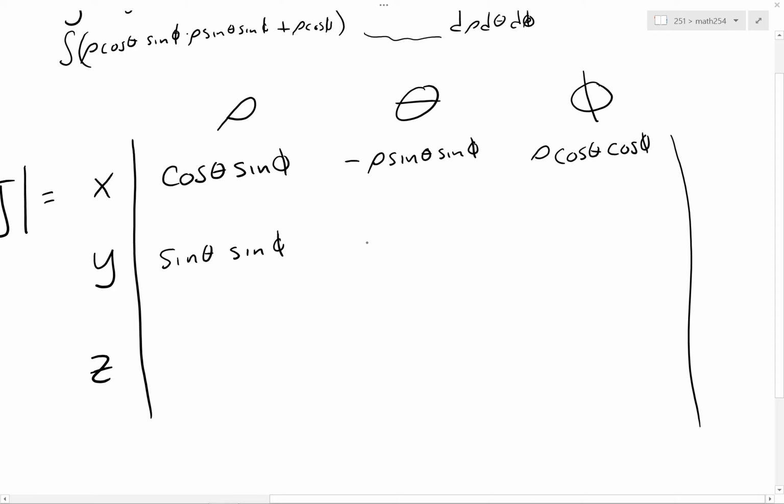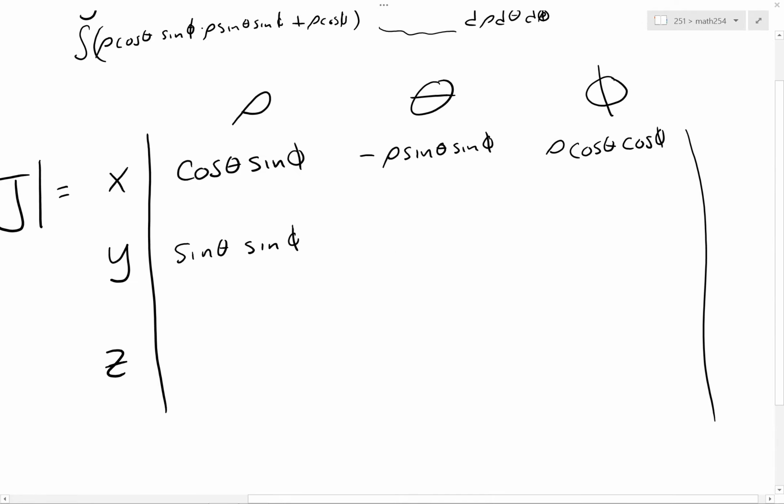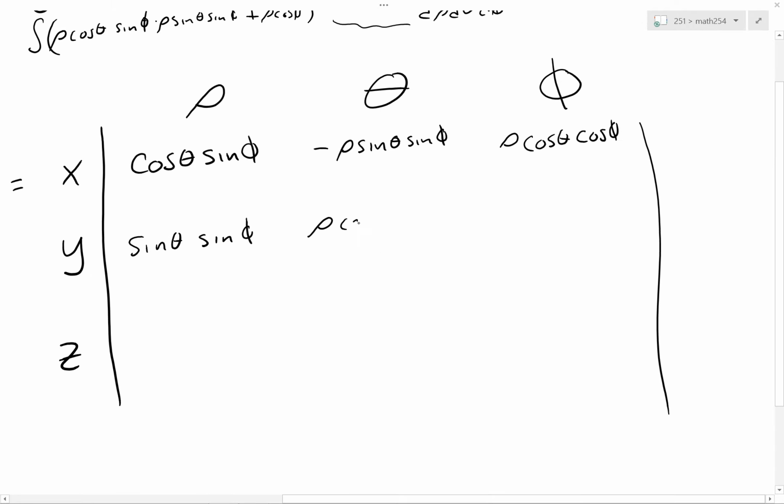And then this one with respect to theta is going to be rho cosine theta sine phi. And this one's going to be rho sine theta cosine phi. And the last one is going to be cosine phi, 0, and minus rho sine phi. Right? Those are my partials.